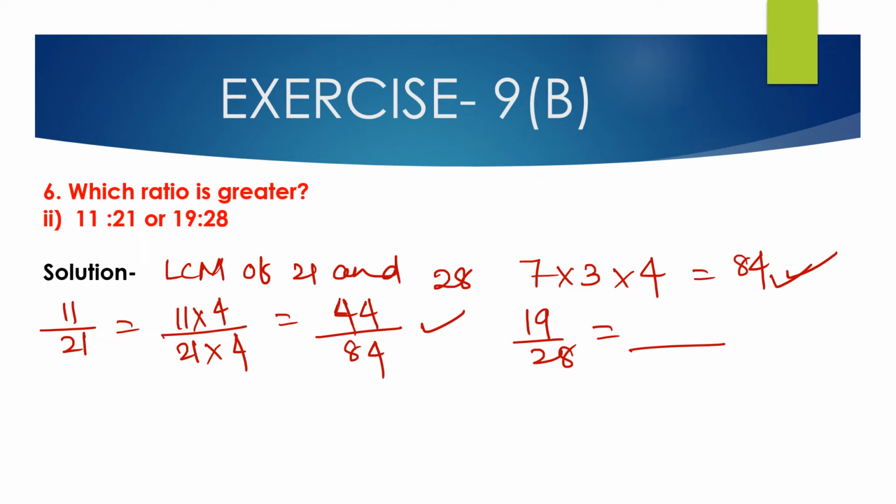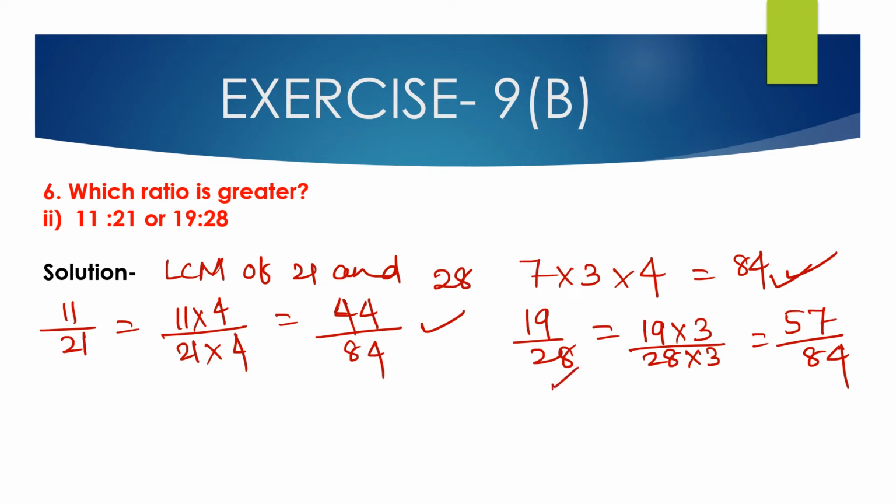In the table of 28, if we multiply 28 with 3, we get 84. So we have to multiply the antecedent 19 with 3. So 19 multiplied by 3 is 57, and 57 divided by 84 is the equivalent ratio of 19 is to 28.